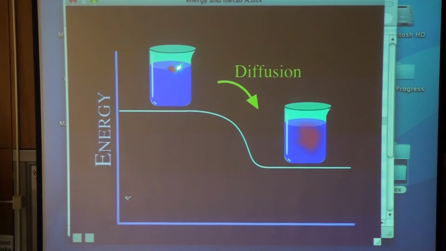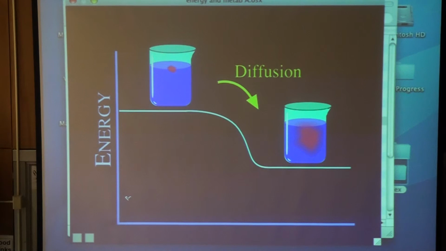And so whenever we say high concentration, maybe in your mind think high elevation, and wherever we think of lower concentration, think lower elevation. And if you can make that link between concentration and elevation in your mind, a lot of this will make more sense, because you'll say, okay, a diffusion is going to be a loss in potential energy, just like water going from high elevation to low elevation is a loss in potential energy.